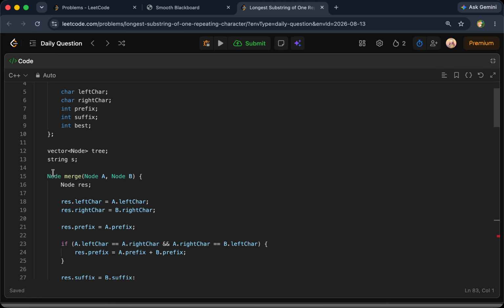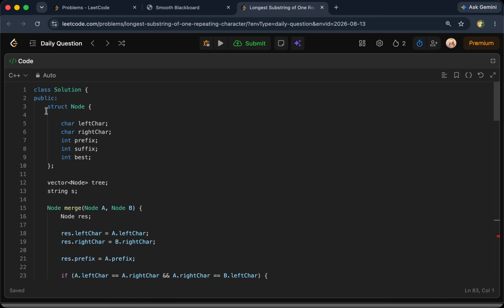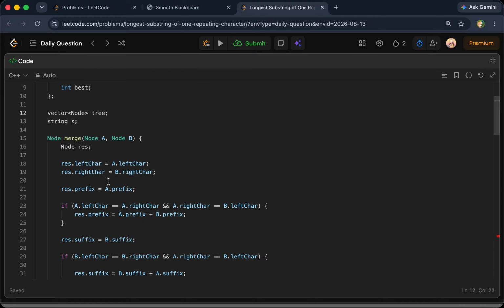So this is that information we need to store. Left character is the first character, and right character is the last character. Prefix is the same character from the beginning, suffix is the same character from the end, and best is the longest repeating character run.